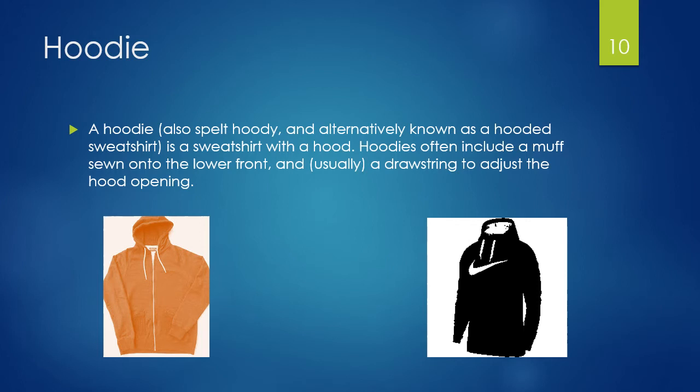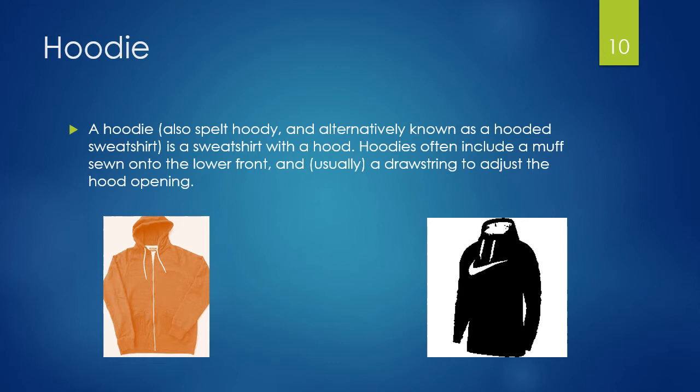Basically a hoodie is a warm garment which is mostly used in winter seasons in Pakistan and Asian countries, and also mostly used in the Western countries because there the winter season lasts longer in comparison with Asian countries.